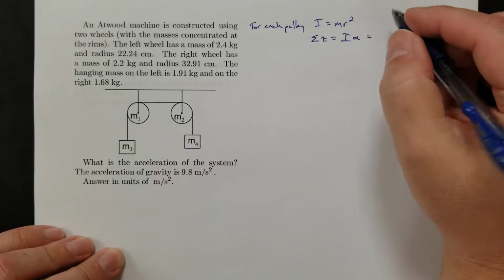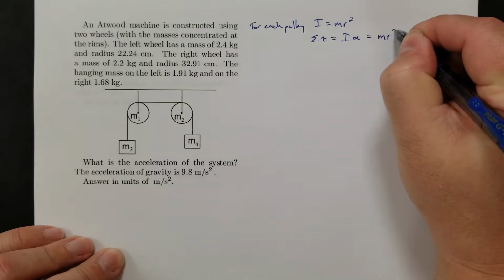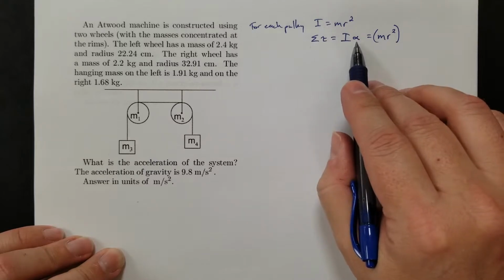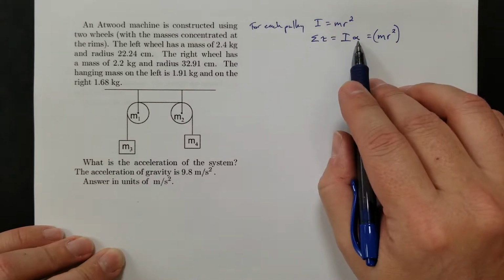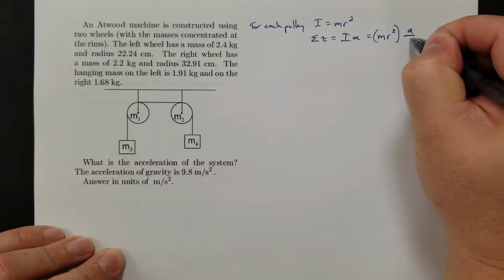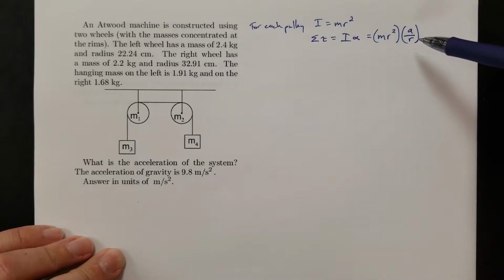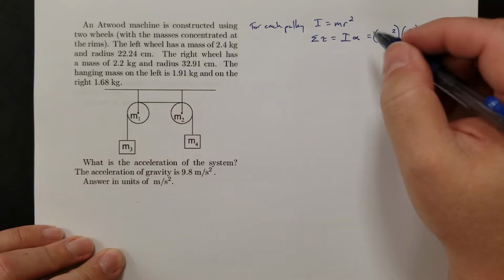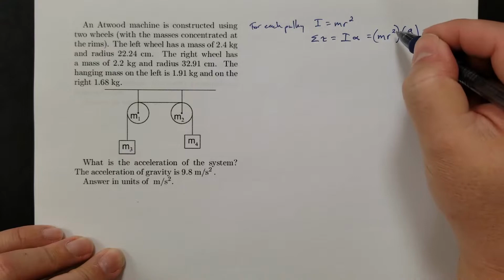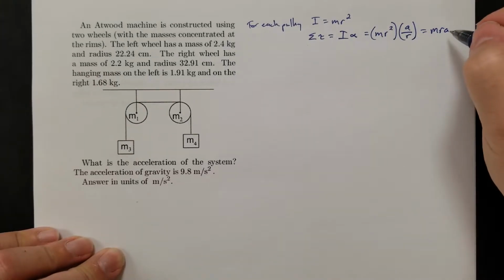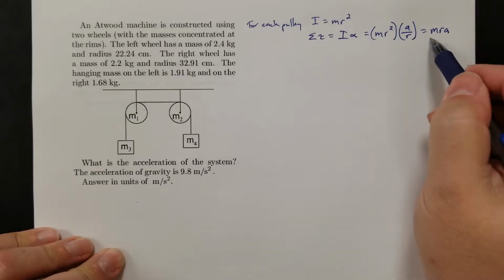And I is mr squared, so I'm going to say mr squared times my angular acceleration, which I know is linear acceleration divided by r, because I'm converting angular to linear. If I simplify this, that square cancels out, so net torque is just m times r times a. Okay, so now I have that.